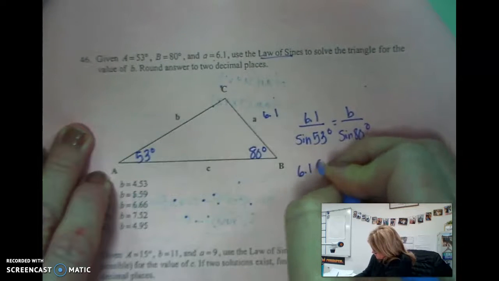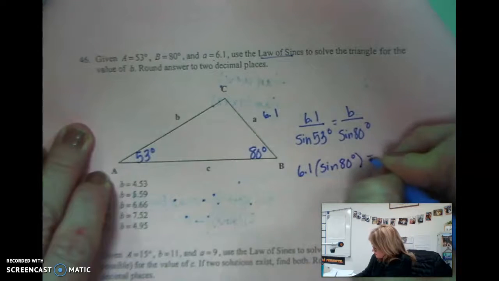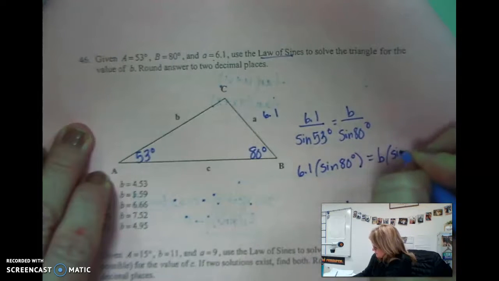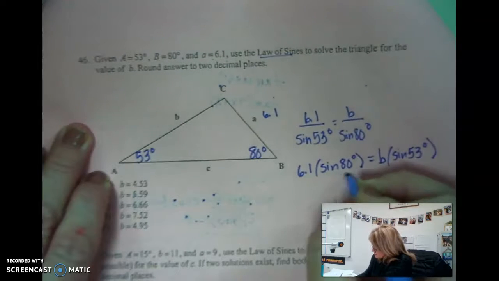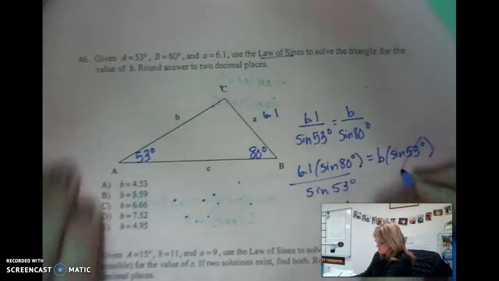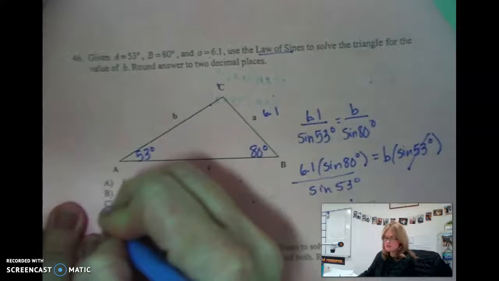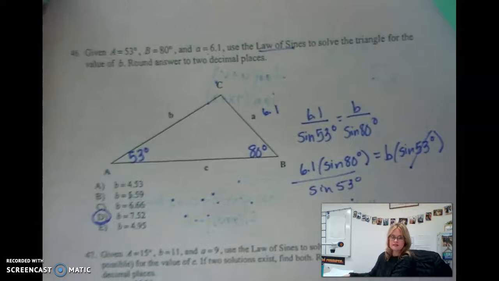So 6.1 times the sine of angle 80 equals B times the sine of 53 degrees. I want to get B by itself, so I have to divide both sides by the sine of 53 degrees. And when I punch that into your calculator, again, make sure you're in degree mode, I get D.